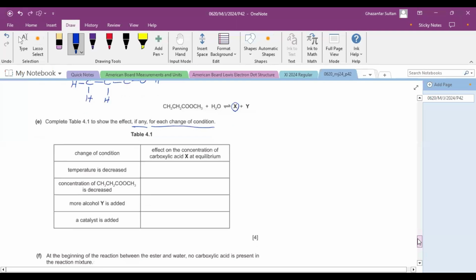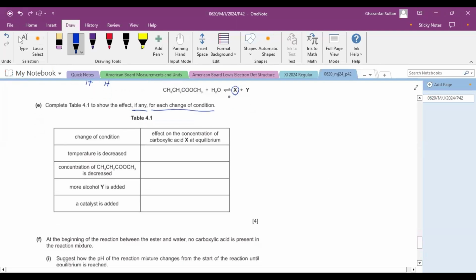If we say a reversible reaction is endothermic, it is endothermic in forward direction. So if it is endothermic, then it requires more energy, higher temperature to convert more ester into carboxylic acid.